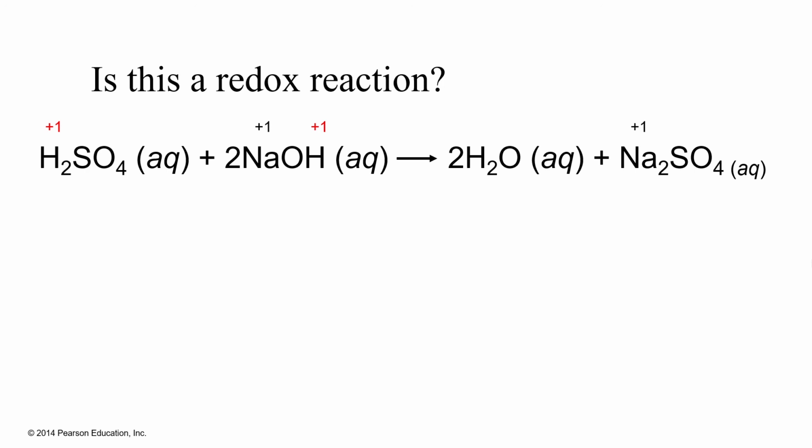By rule, we assign it an oxidation state of +1. On the product side, it's part of water, so it's combined, and therefore it still has a +1 oxidation state.